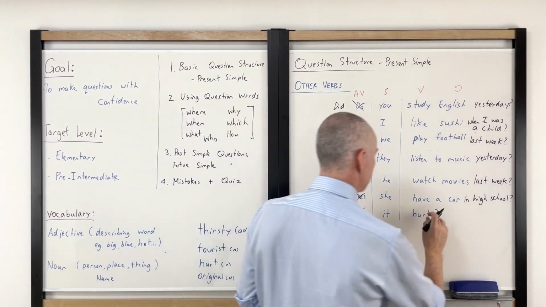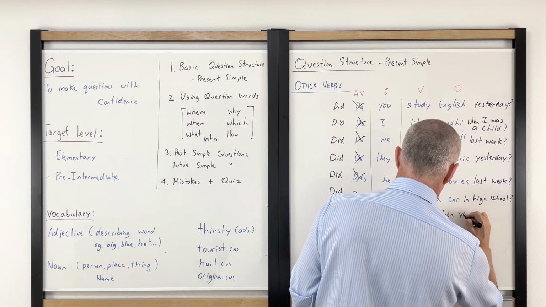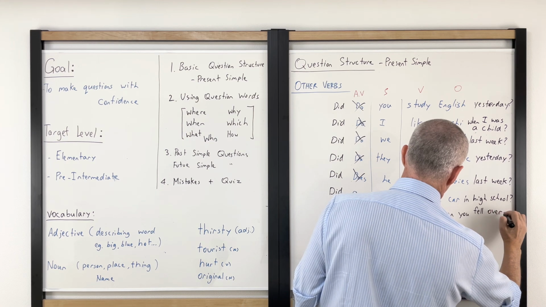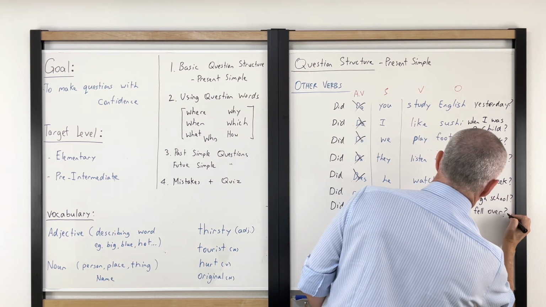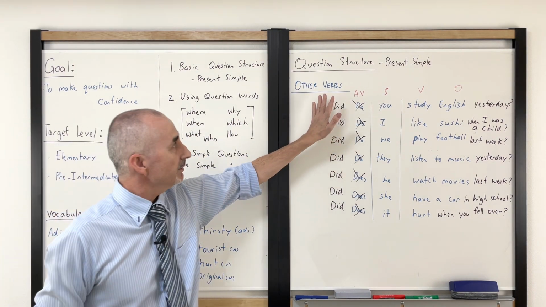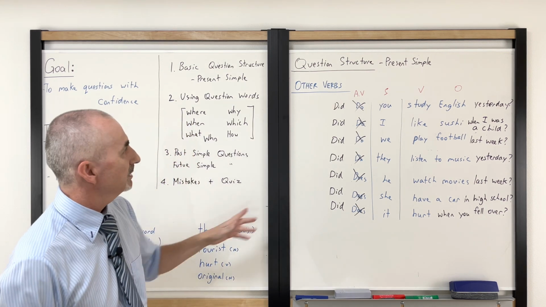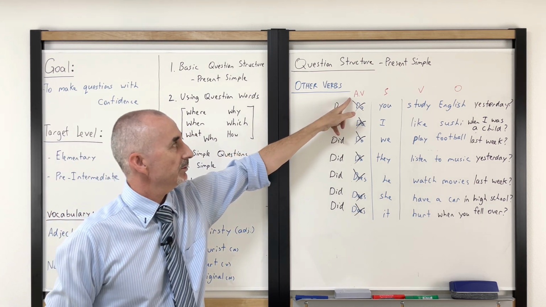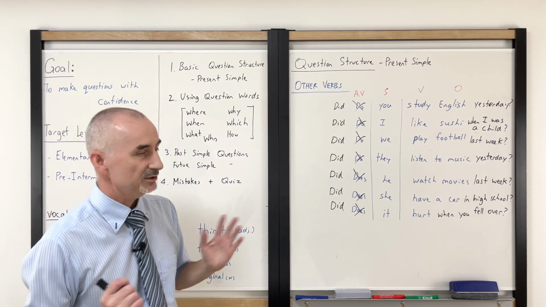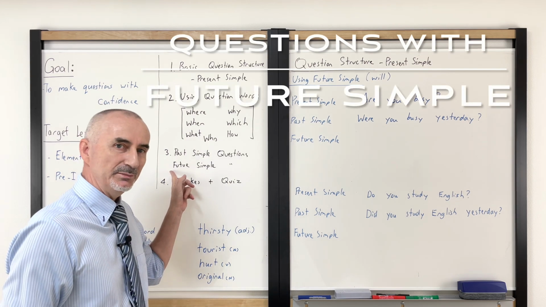Did it hurt when you fell over? Okay, so with other verbs, do you study, do you play, do you like? Past simple is just changing the auxiliary verb to did. Did you study? Did you play? Did you watch?